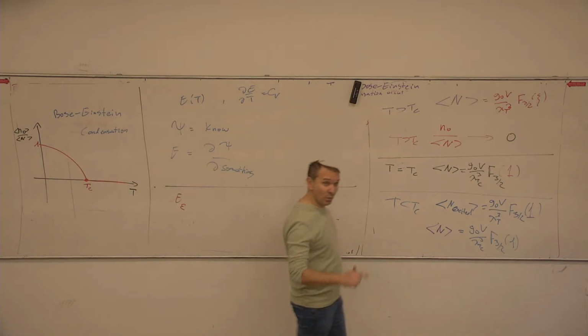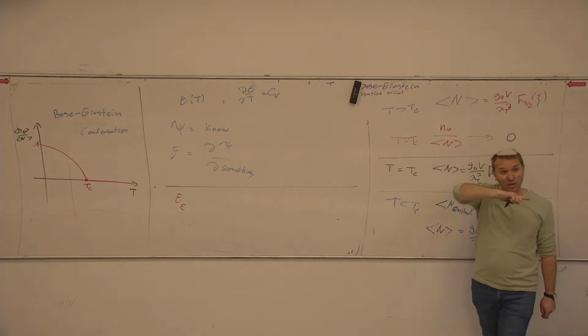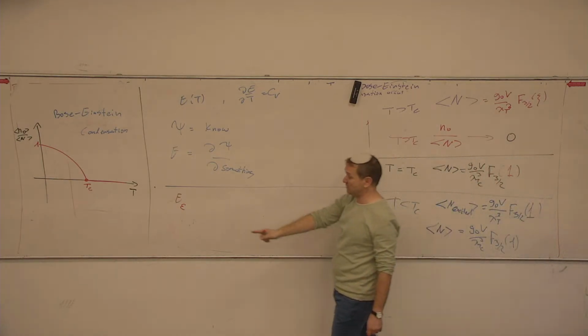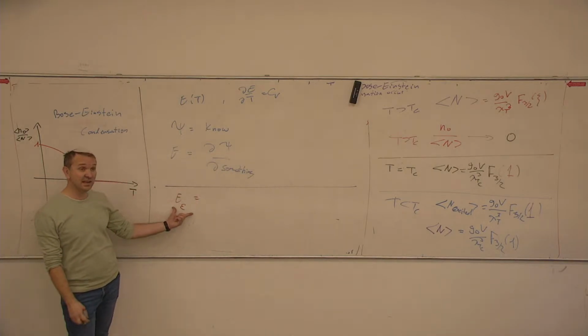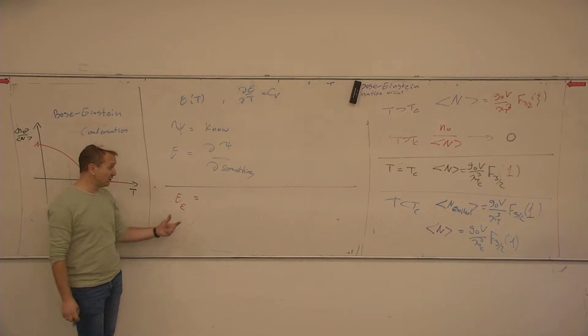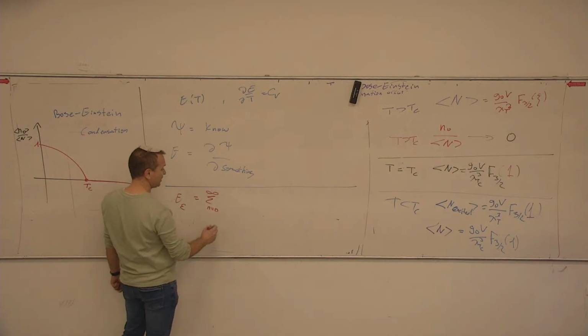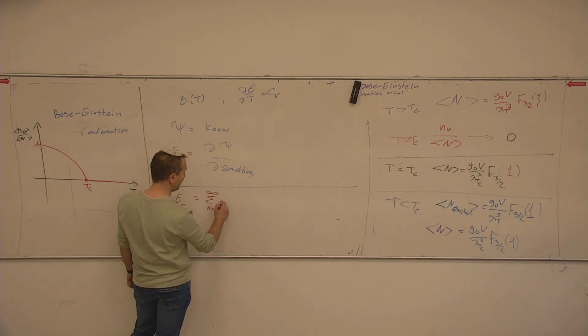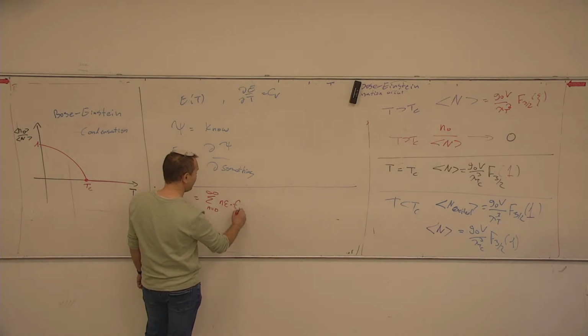Okay, so what is the contribution, the energetic contribution, of a given energetic level epsilon? This is just an average, right? So the average is sigma n goes from 0 to infinity of n epsilon multiplied by f of n.